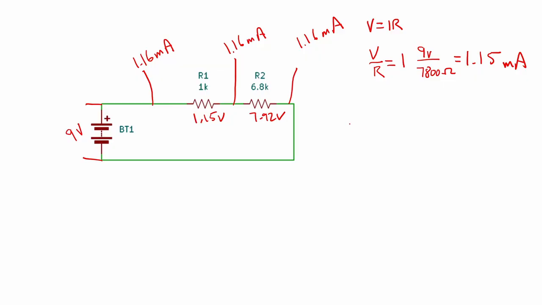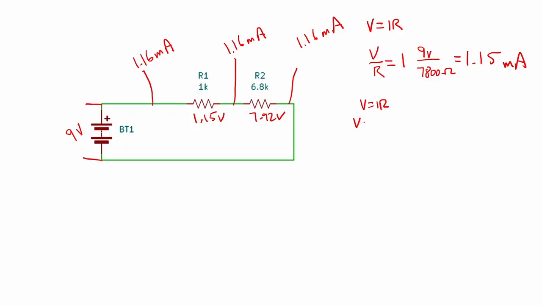So how does that compare to what the theoretical values would be? Well, in this case, V is equal to IR, right? Because we know our current, and we know our resistance.